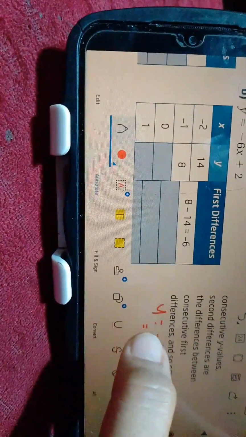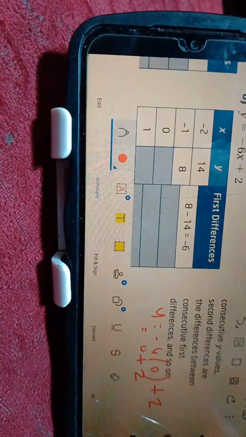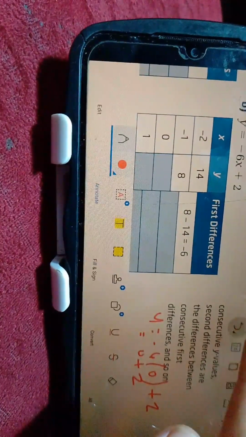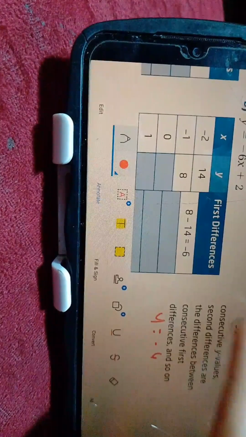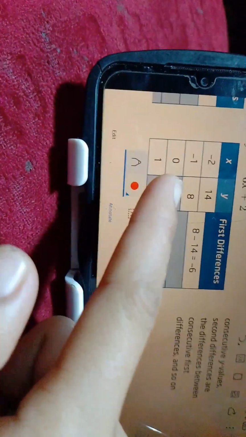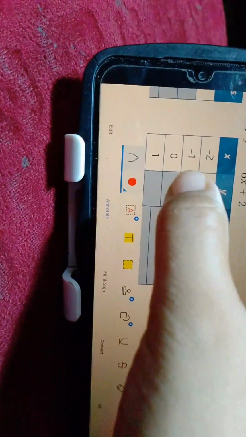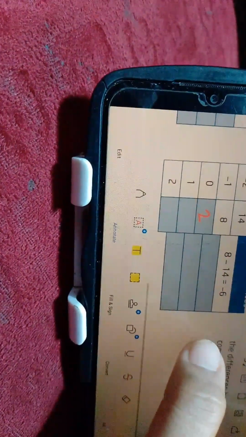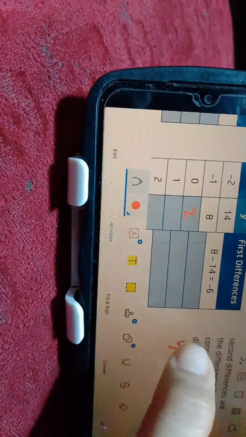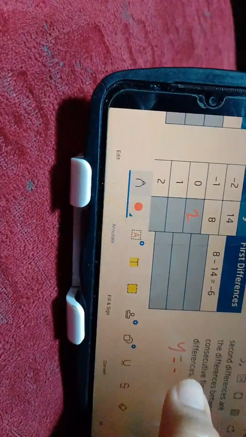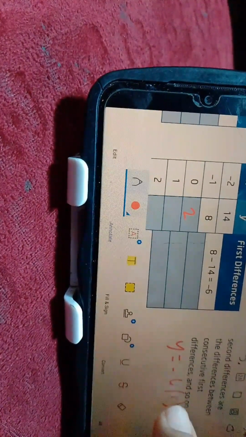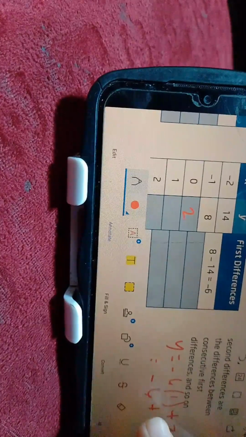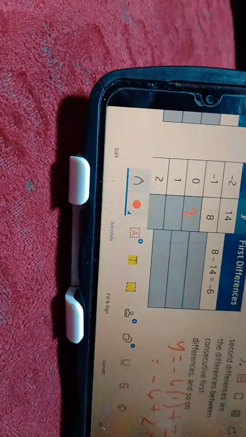So we have 0 plus 2, which equals 2. Therefore, our value of y when x is 0 is 2. When x is 1, y equals negative 6 times 1 plus 2. So we have negative 6 plus 2. The answer is negative 4.